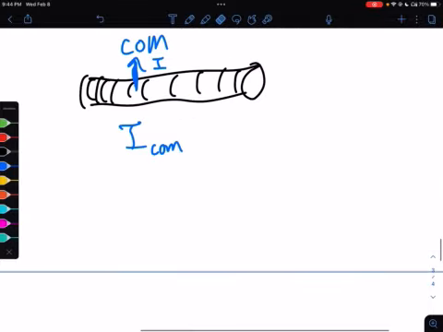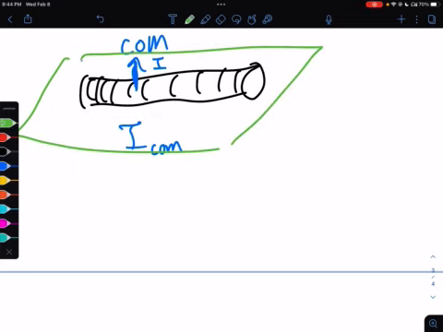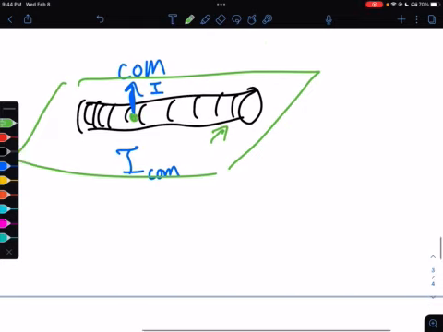Okay, so I want to say this about ICOM. ICOM is really special because let's say you put this on a slippery piece of ice and you kicked it right here with your foot. It's going to spin around and around. It's going to have some center of rotation. Well, that center of rotation will be the center of mass. So in that case, the appropriate I is ICOM.